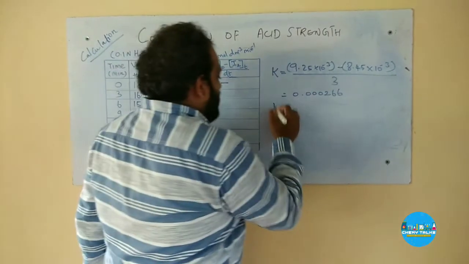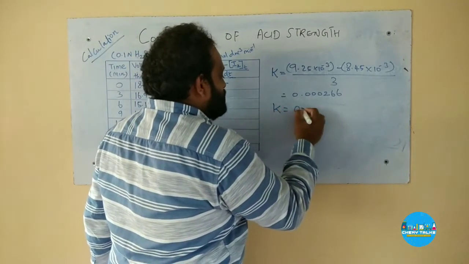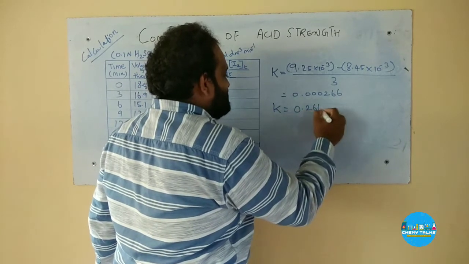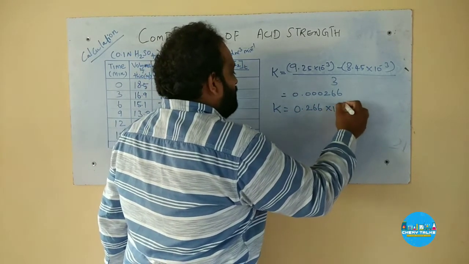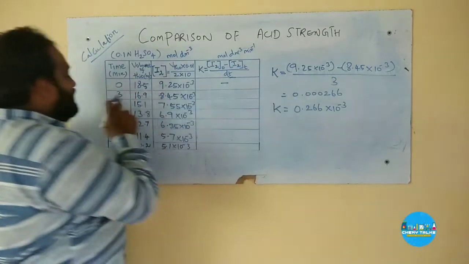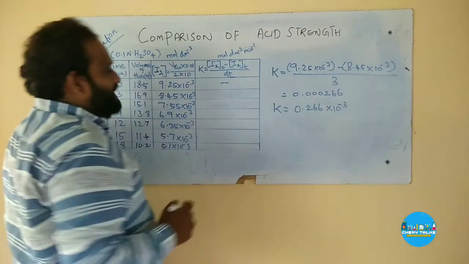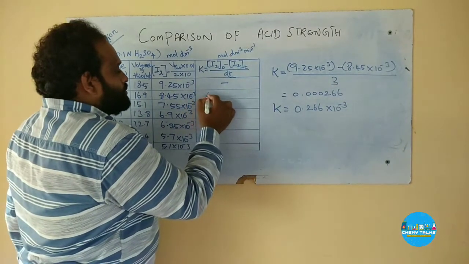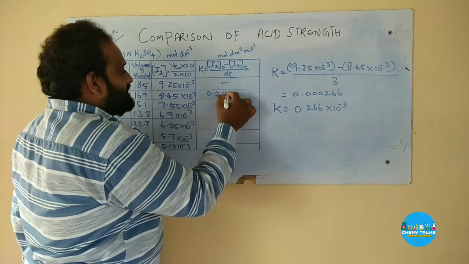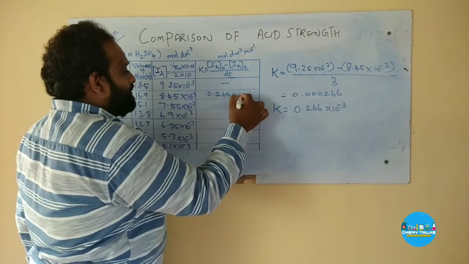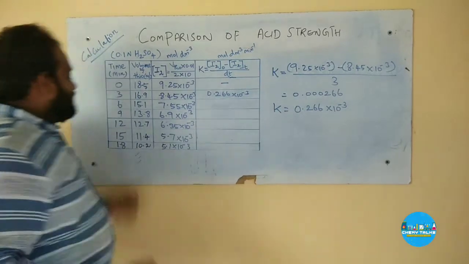We can simplify this value into 0.266 into 10 power minus 3. This is the rate constant at 3 minutes time.